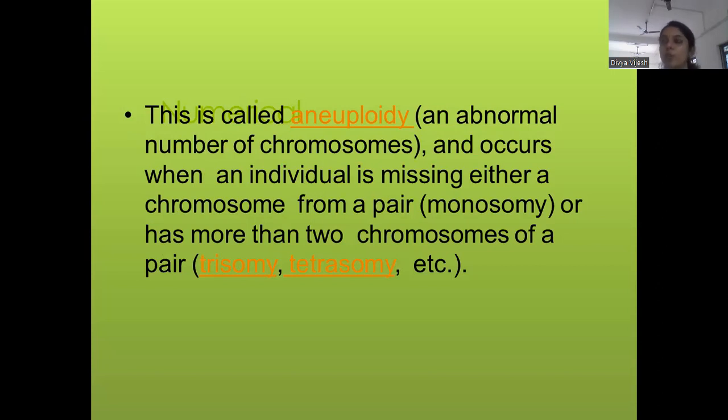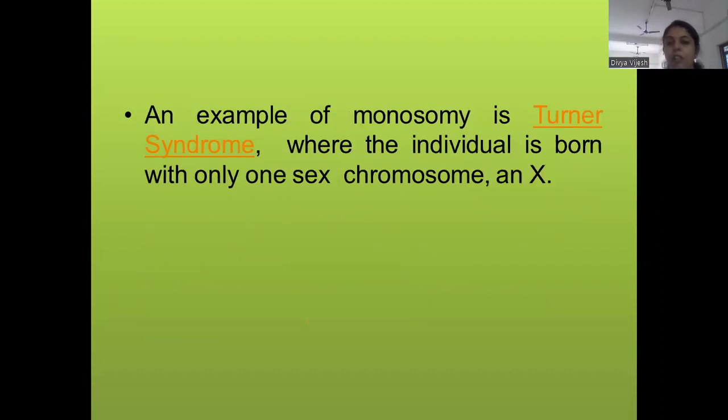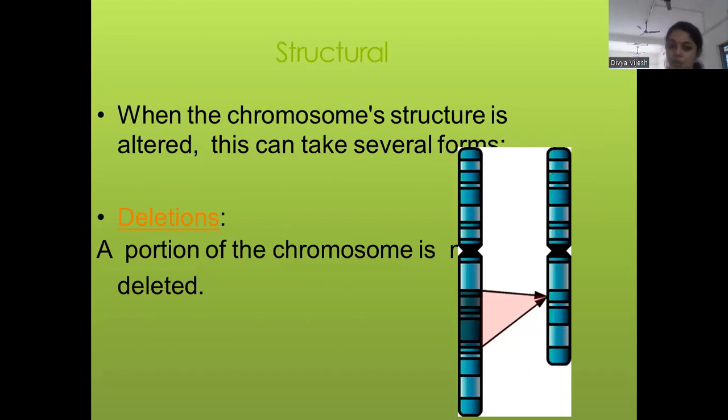In humans, an example of a condition caused by numerical anomaly is Down syndrome, that is trisomy 21, and trisomy has been determined to be a function of late maternal age. Monosomy we can also see in Turner syndrome, where there is absence of one X chromosome.